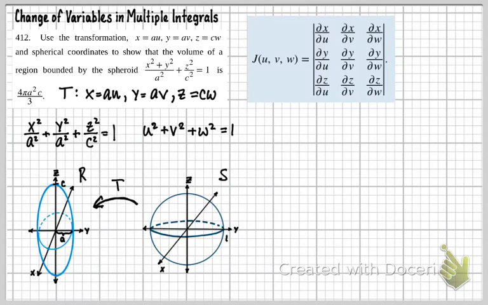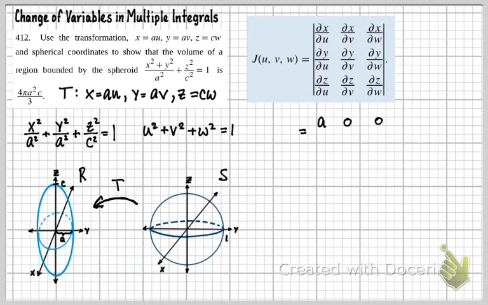Now we're just going to run through each of these. dx du is a, and dx dv, the same one with respect to v, is going to be 0. Also dx dw is going to be 0.